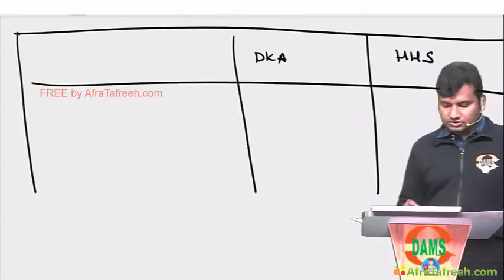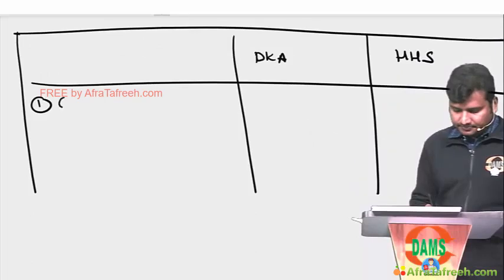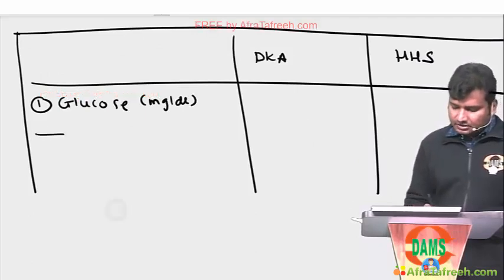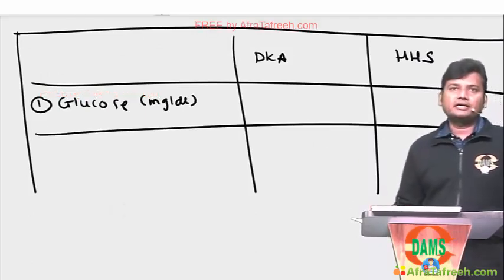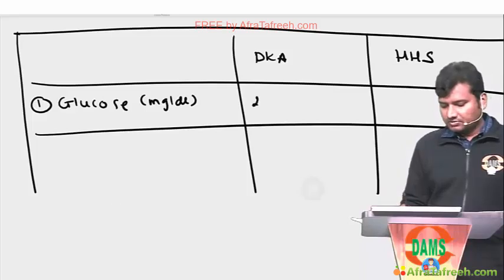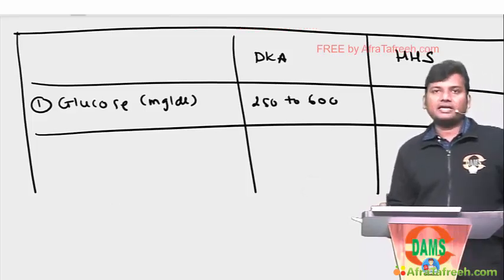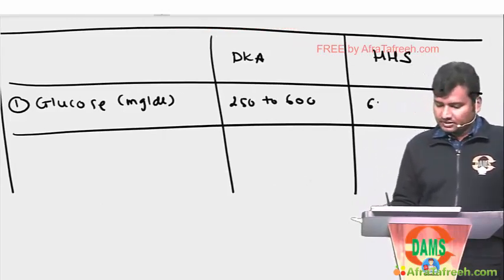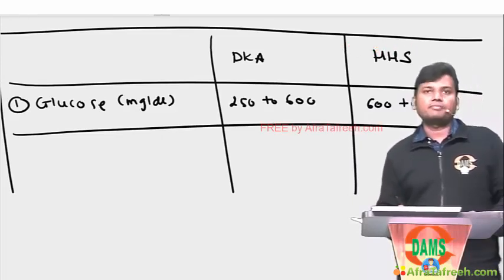First, glucose level in milligram per dl. In patients of diabetic ketoacidosis, serum glucose is between 250 to 600 mg per dl, while in HHS, sugar level is 600 to 1200 mg per dl.